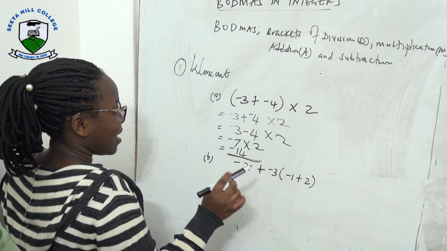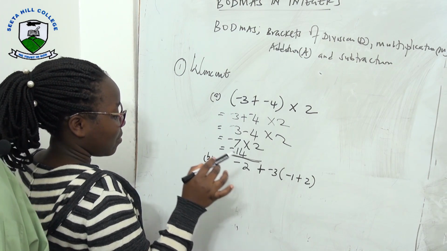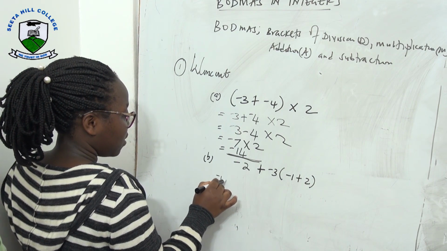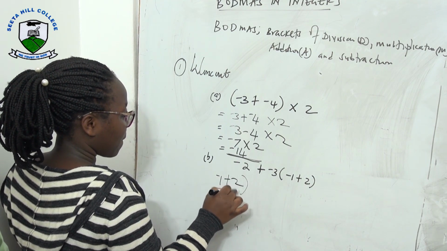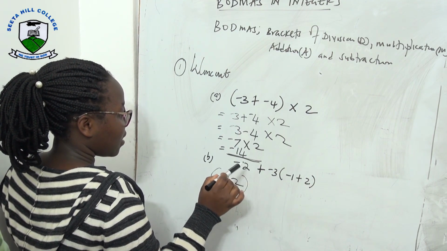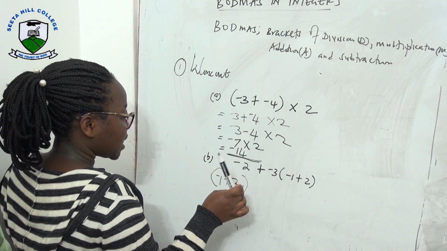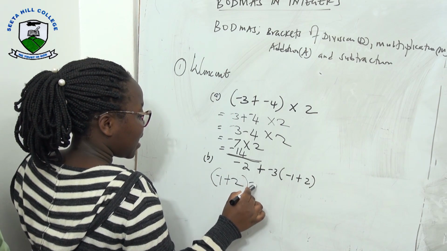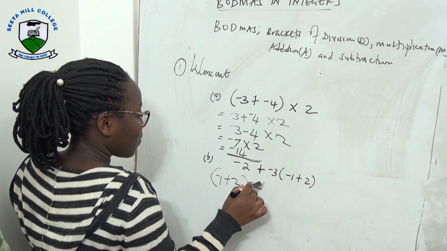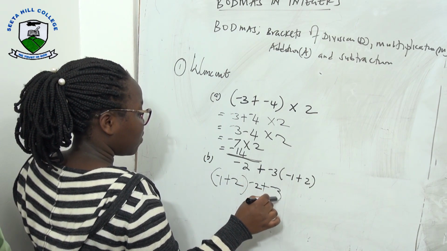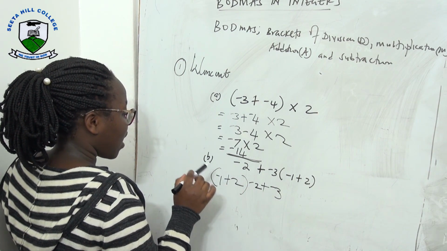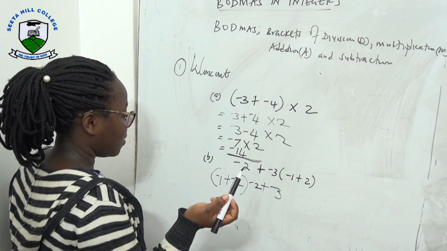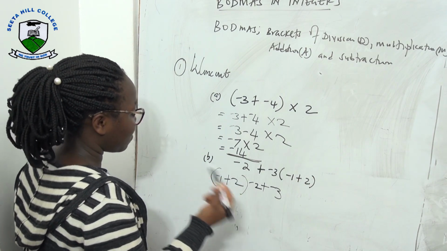Okay. We shall also work on the brackets. So we shall have negative 1 plus 2, and then here addition, there is no subtraction, so it will remain negative 2 plus negative 3. Any number without any sign is a positive. A positive times a positive remains a positive.